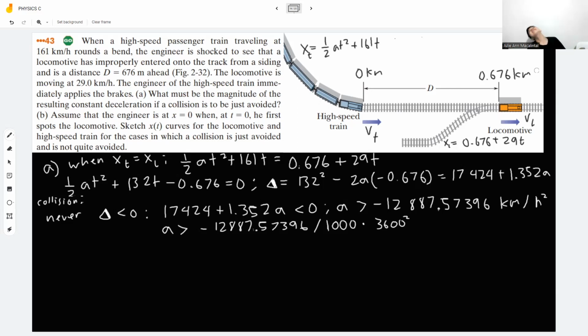Weird number. How can a train traveling 161 kilometers per hour decelerate this fast? Simply impossible. Why is the solution different anyway?